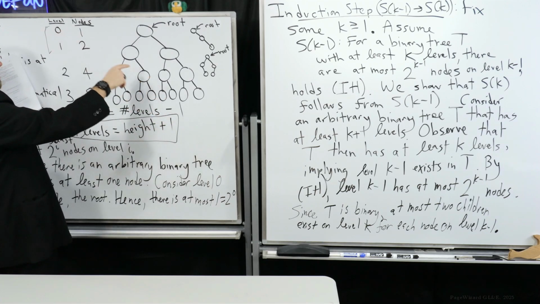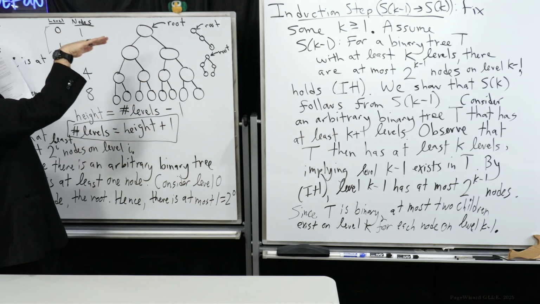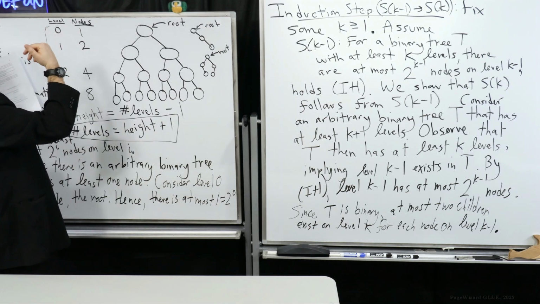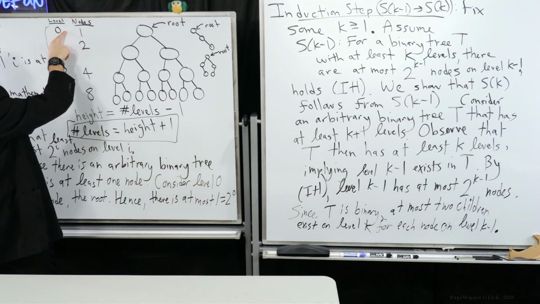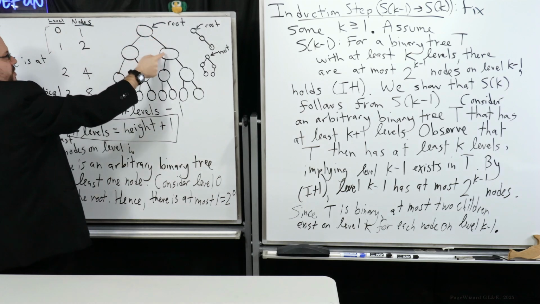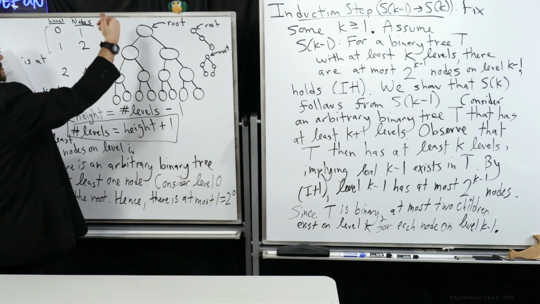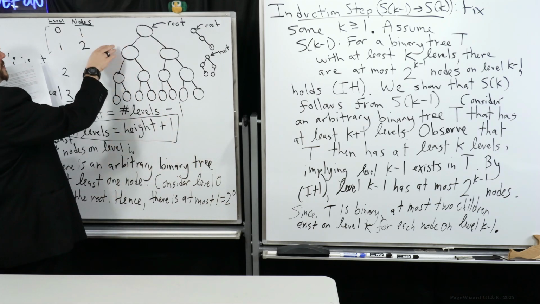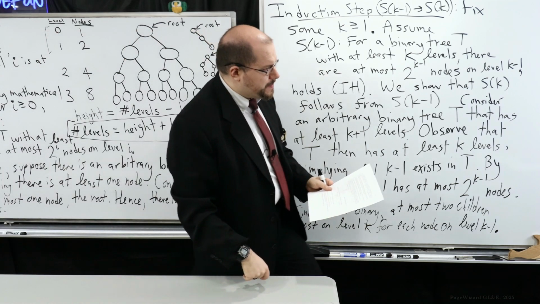Just like I'm doing here, I go up one level, i.e. my level number goes down one by going up. Notice here, this is the node that's at level 0. It has at most 2, hence why I'm doing this. But where do they come from? These are children of nodes on level 0. Just like when I talk about an arbitrary 2 levels, I could say that.